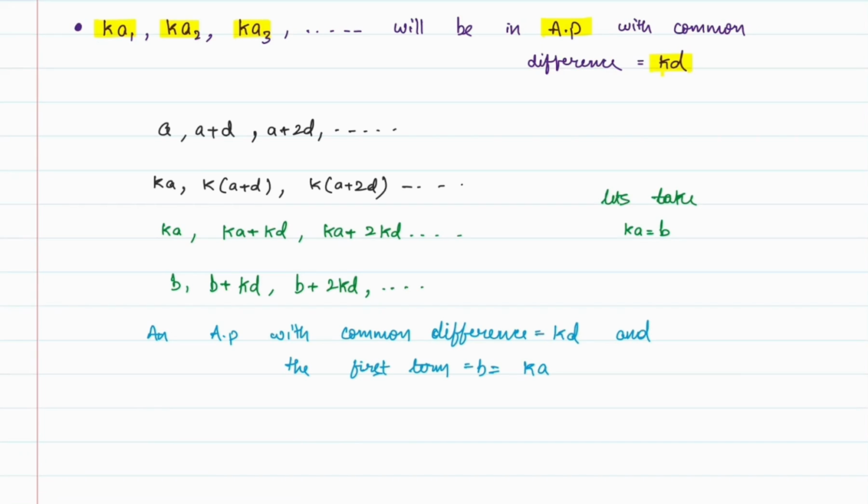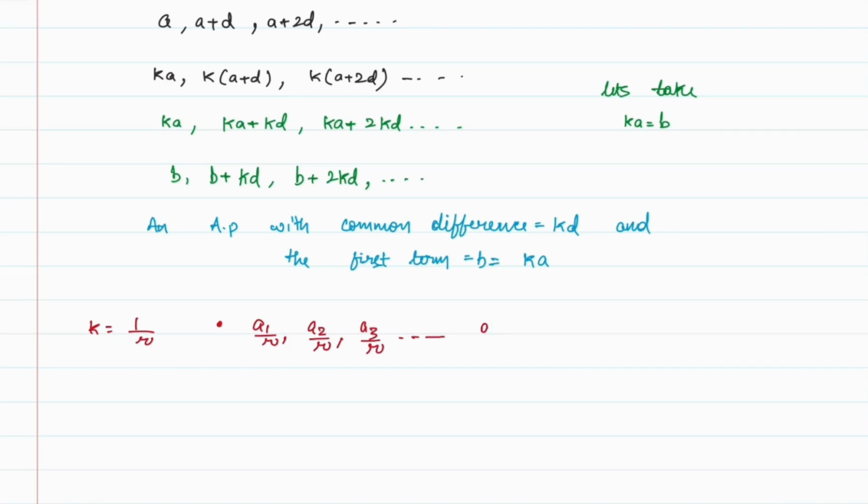So here k can take any real value. Suppose it was a fraction, that means k can be equal to 1 by r, where r will be a real number but not equal to 0 because 1 by 0 is not defined. So now the series will become a1 by r, a2 by r, a3 by r, and so on.